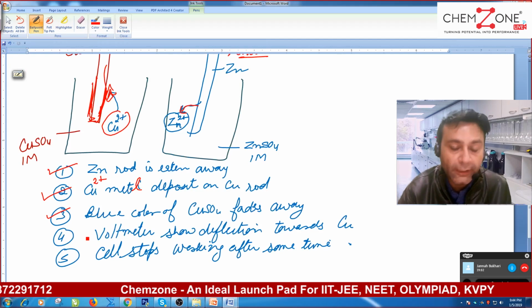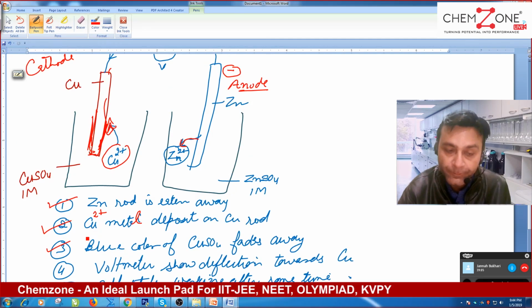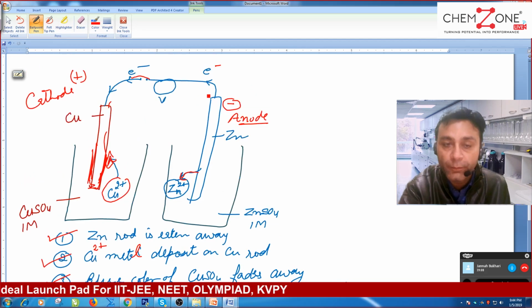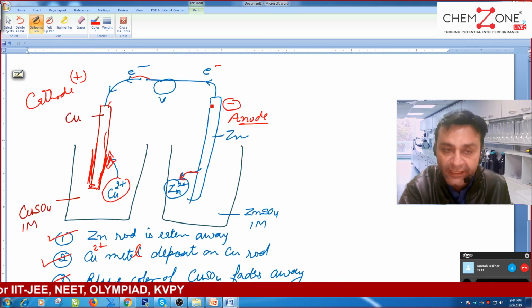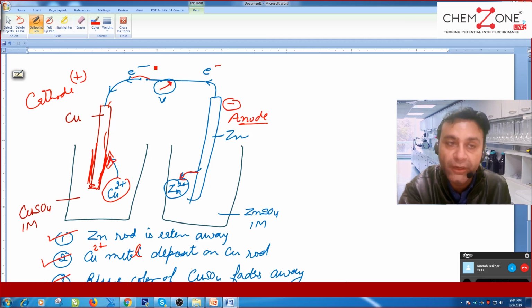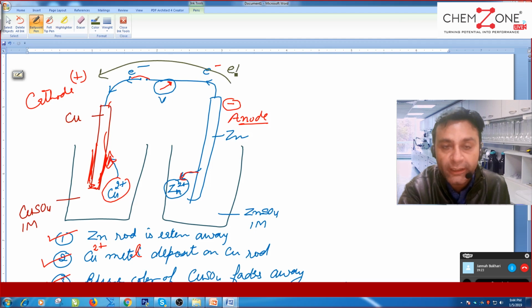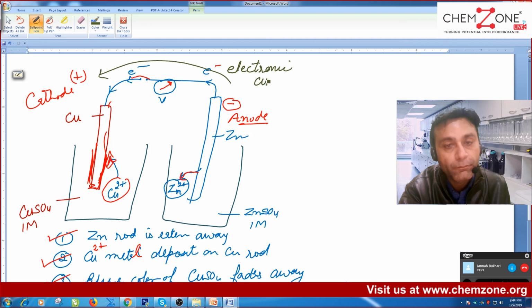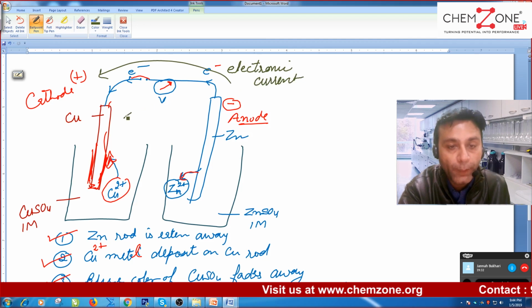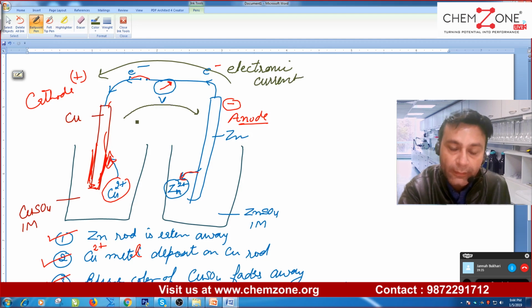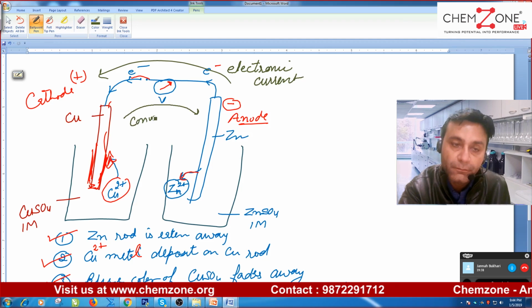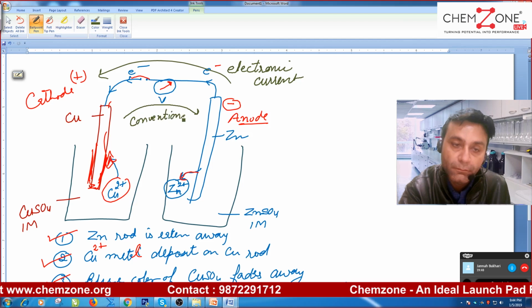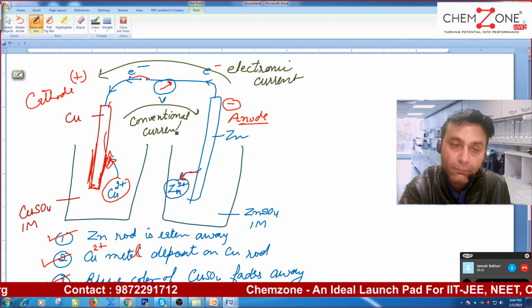I am discussing all these observations with the theory. Electrons are moving from zinc to copper, and our devices show deflection opposite to the flow of electrons.